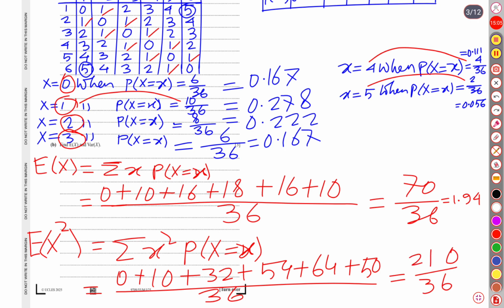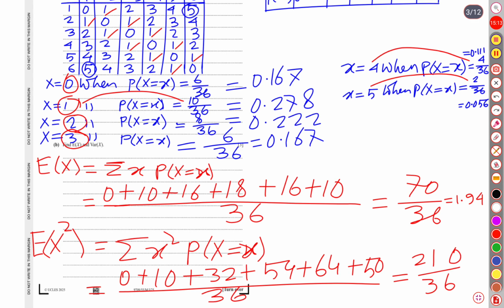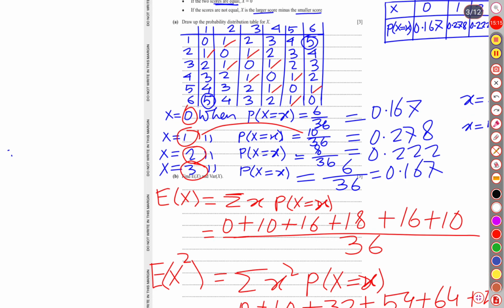We have got E(X squared), but that is not the final answer. For the final answer, we will have to write the variance. Let me write on the left side: variance of x is equal to E(X squared) minus the whole square of the mean value.